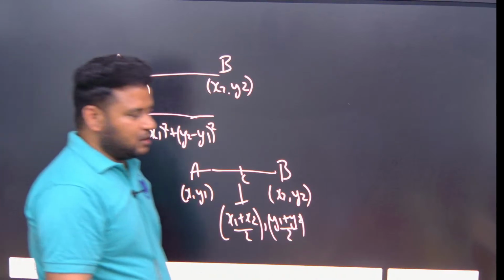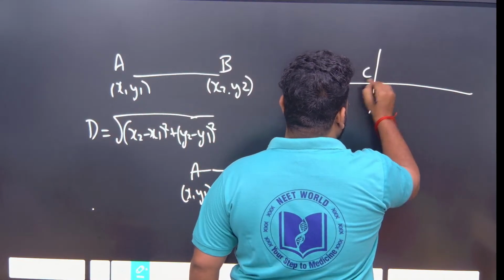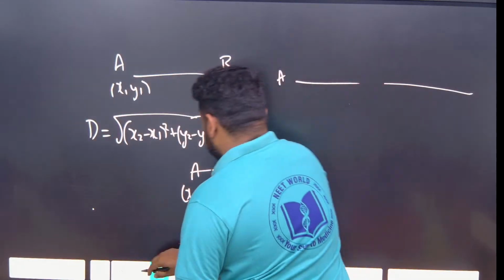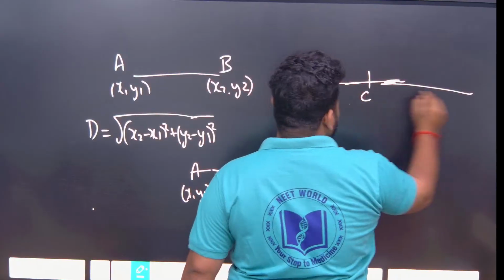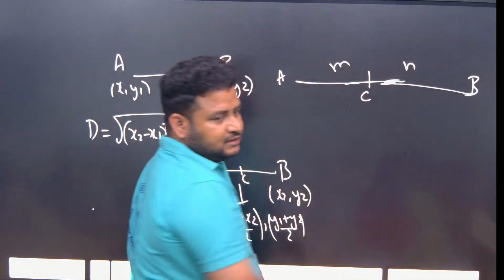Then the section formula we have already learned, but anyway, here. Suppose there is a point C, it divides AB in the ratio m:n. AB coordinates are (x1, y1) and (x2, y2).